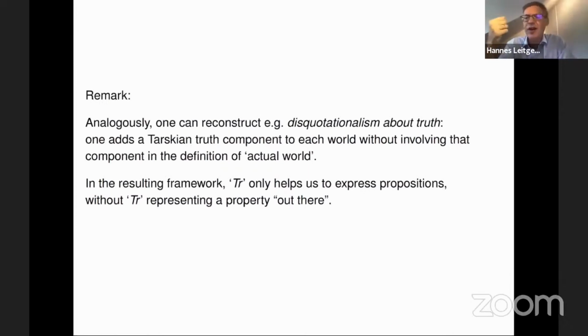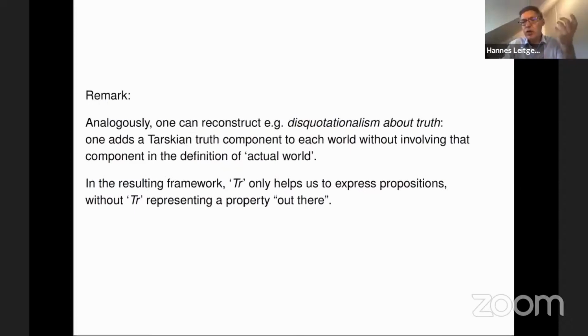Maybe it's just, you know, a quick and useful and handy way of expressing propositions, and that's all that the truth predicate does. Okay, it does not represent a property out there in the world. You know, these are sort of phrases that the disquotationalists like to say. You might have wondered what they really have in mind here, but now you can actually build a framework by which you make that more precise.